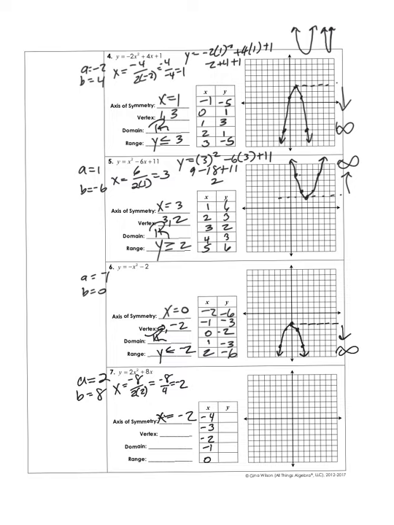Let's go ahead and plug in negative 2 to our equation to see what y equals. Y equals 2 times negative 2 squared plus 8 times negative 2. Negative 2 squared is positive 4. 4 times 2 is 8. 8 times negative 2 is negative 16. So this is going to be negative 8.